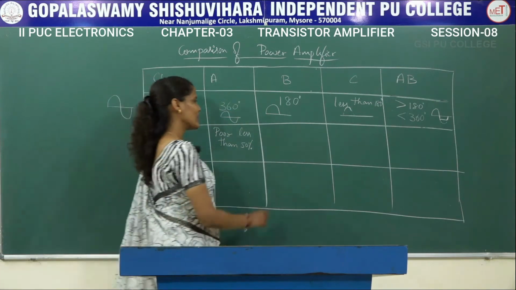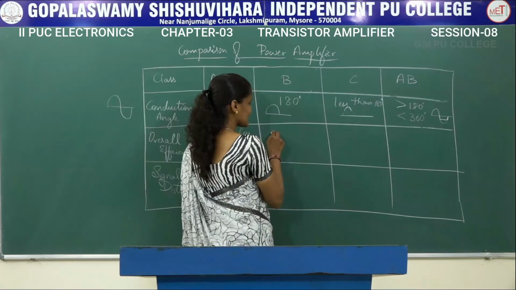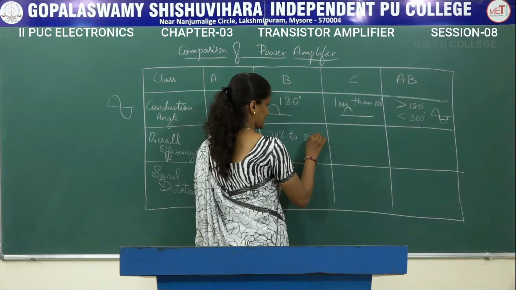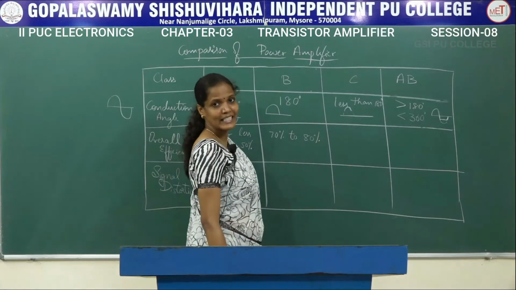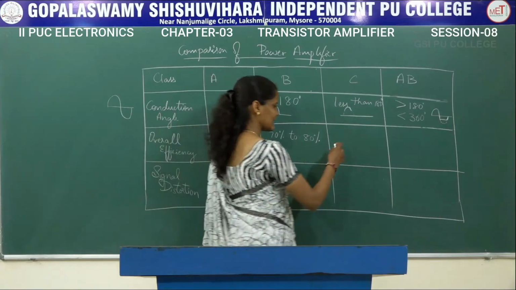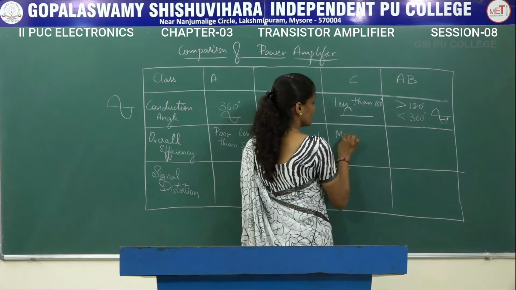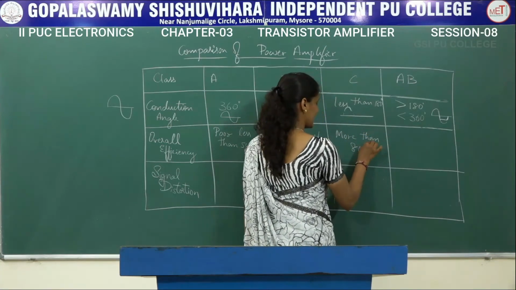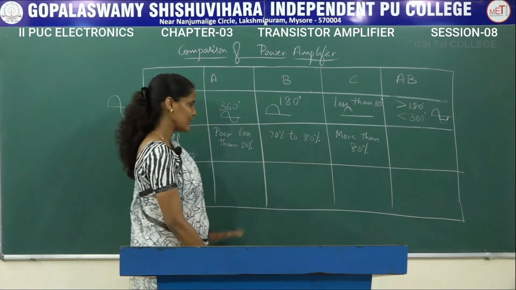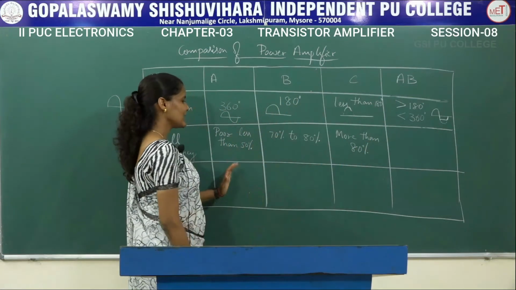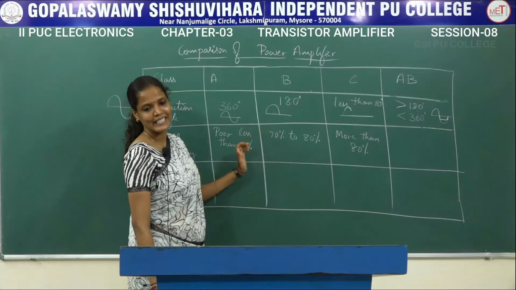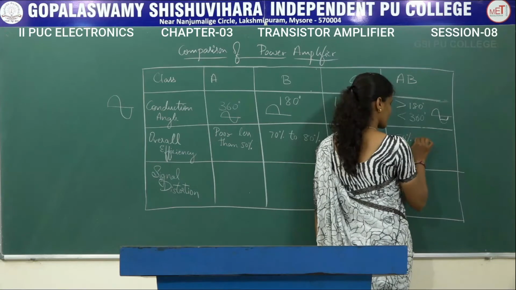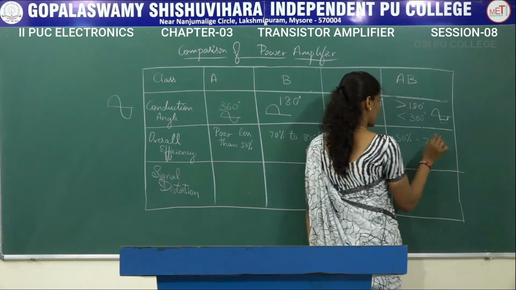Coming to class B, the efficiency lies between 70% to 80%. In class C type of power amplifier, it is more than 80%. Whereas in class AB, it lies between these two, that is between 50% and 70%.